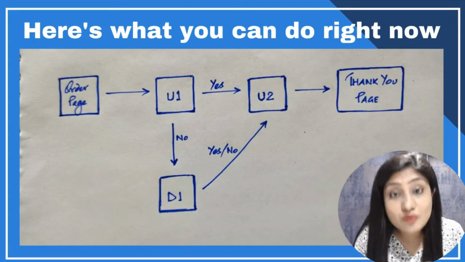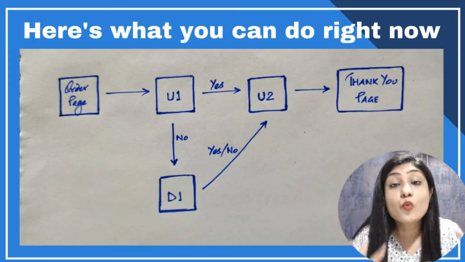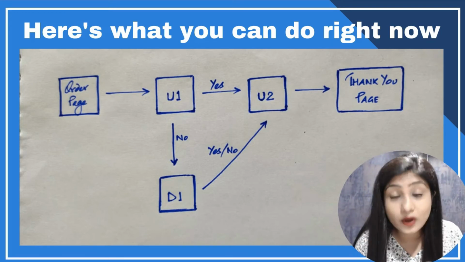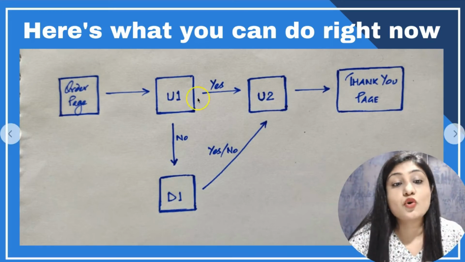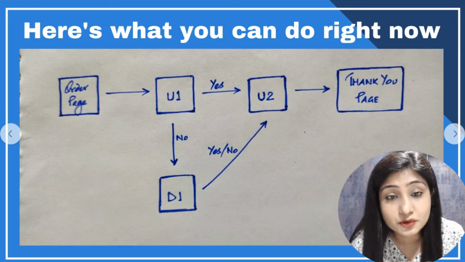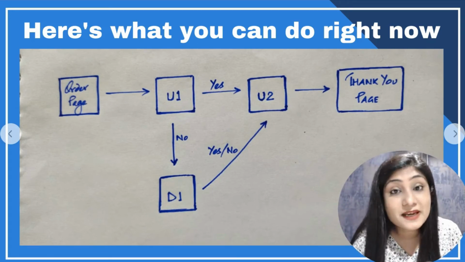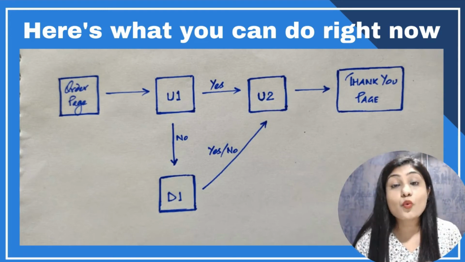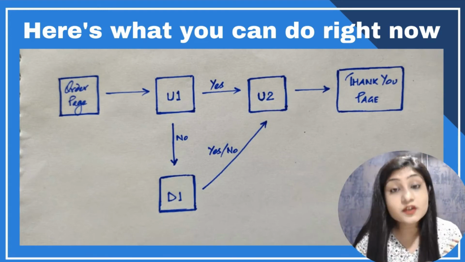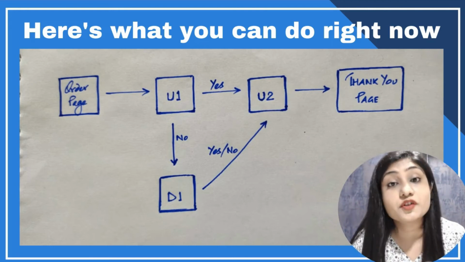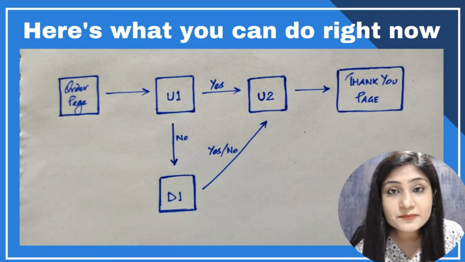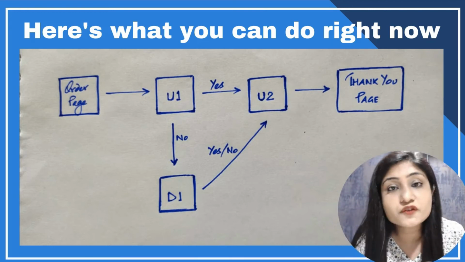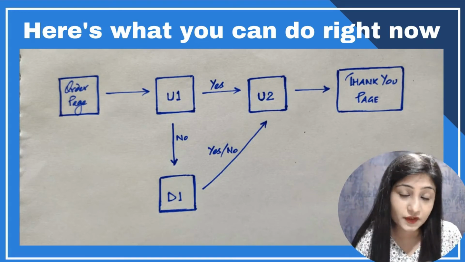So right now, let's step back and understand what you can do as of now. This is your order page or your checkout page, and after that you have your upsell offer 1. If they accept the upsell offer, you send them to upsell offer 2. If they reject upsell offer 1, you send them off to the downsell of that offer, right?